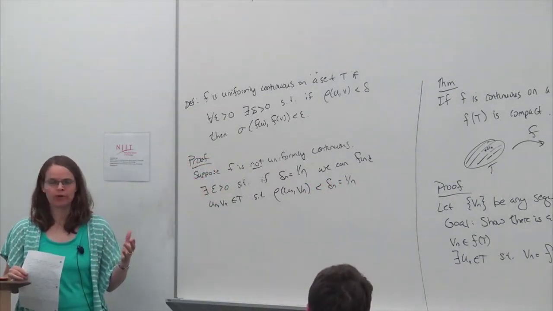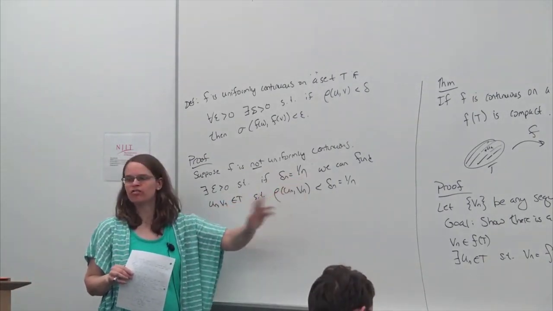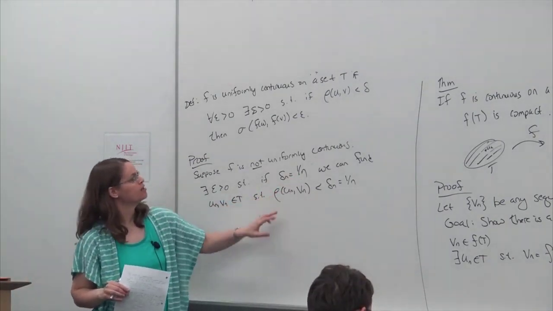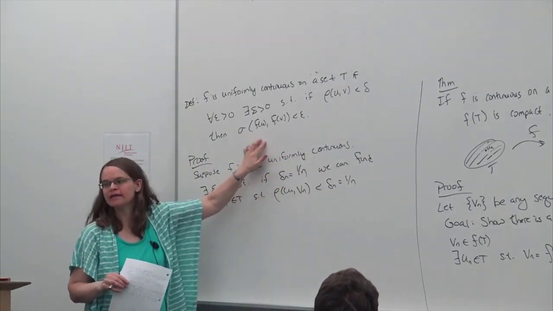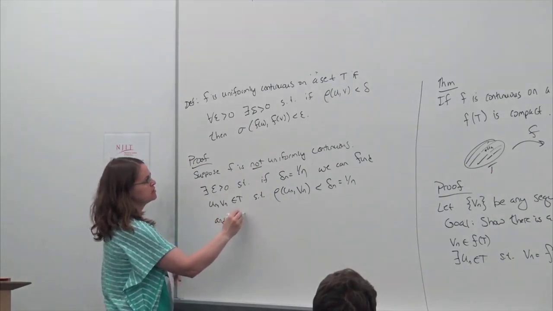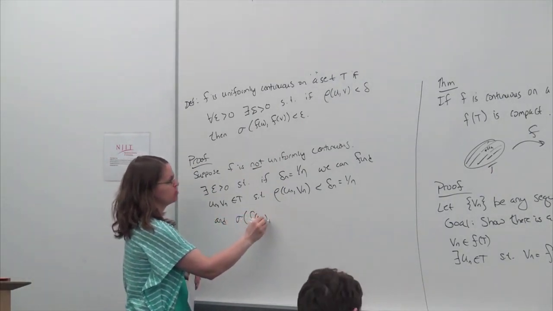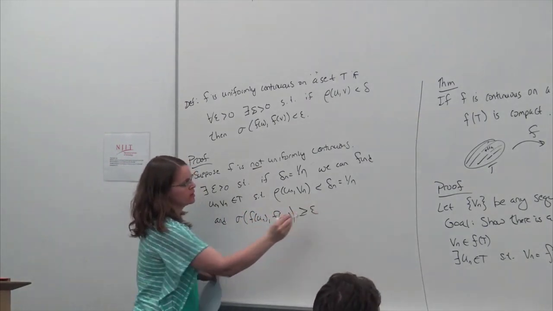Well, again, what are we saying? We're saying no matter how small a delta you give me, I can find some points that are within delta of each other, but nevertheless violate this, such that the distance between these function values is bigger than or equal to epsilon.